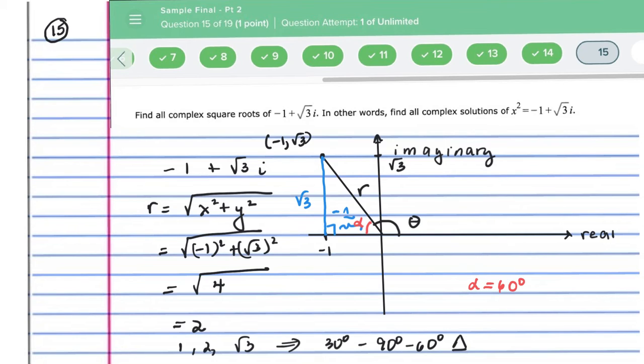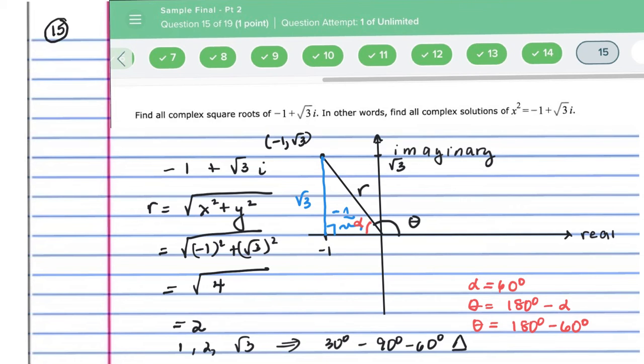So if I know alpha is equal to 60 degrees, I can find theta, because I know for the reference angle, we know that theta is always going to equal 180 degrees minus the reference angle alpha. Well, now we have it in reverse. We have alpha, which is the 60 degrees. Actually, I said that backwards. We know that the reference angle is 180 minus theta. Yeah, I wrote that backwards.